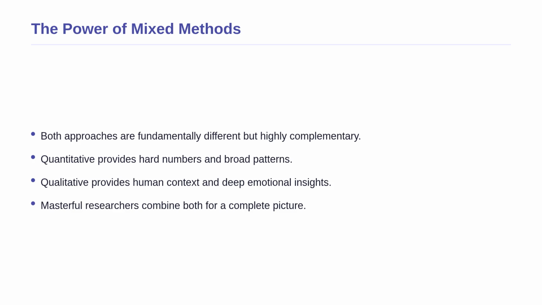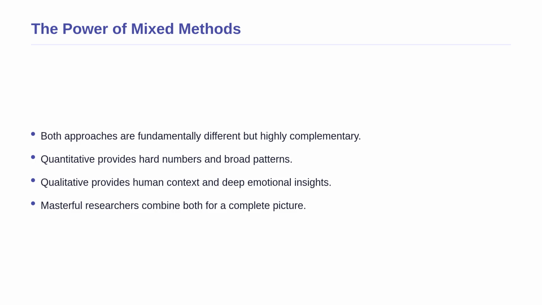This visual comparison brings us to a crucial realization about research design. Quantitative and qualitative research are not enemies. They are fundamentally different but highly complementary approaches to discovering the truth. Quantitative research provides the hard numbers, statistical significance, and broad patterns needed to make objective decisions.